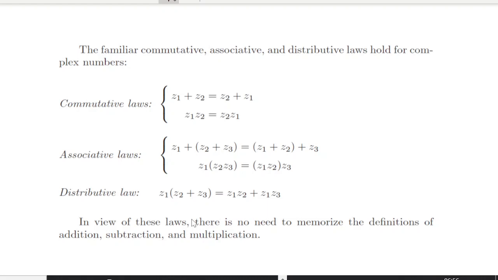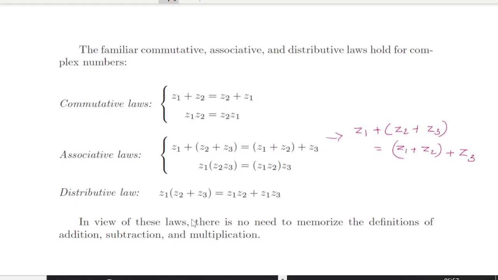Now associative law. Associative law says that first you are having z1, now you are having the sum of z2 plus z3. So you are adding z1 to the sum of z2 plus z3. It will be the same as first you add z1 plus z2, then you add z3.